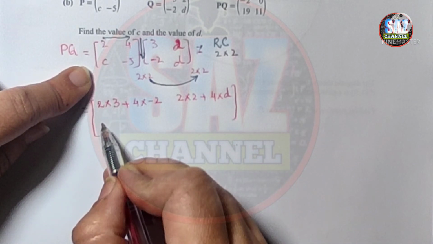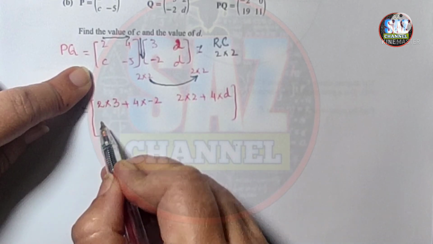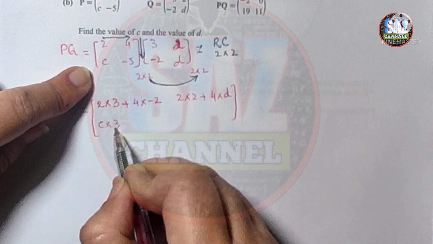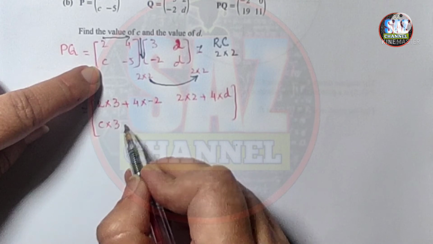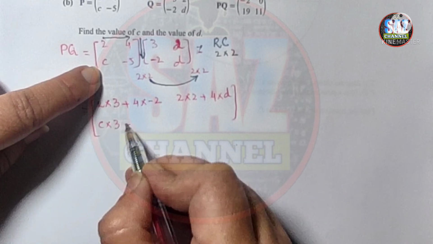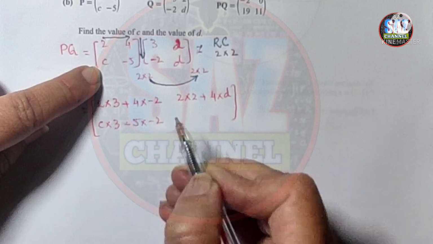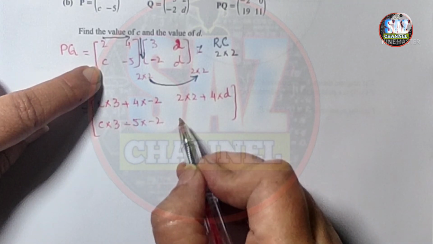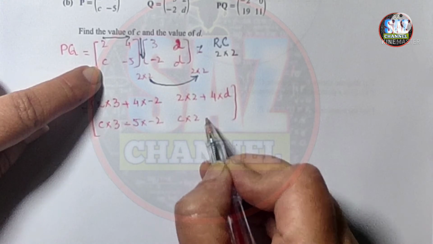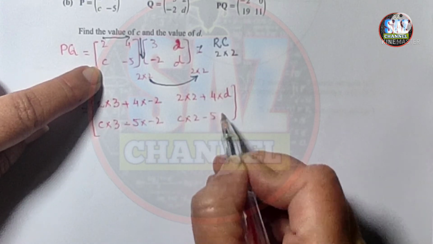This is 3 times C or C times 3, and then minus 5 times minus 2, and then C times 2, and this is minus 5 times D.